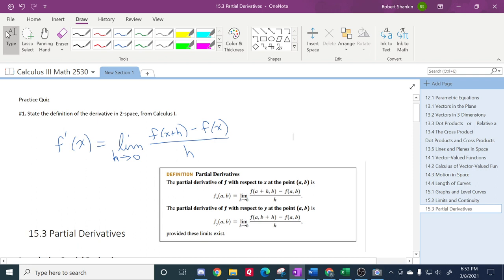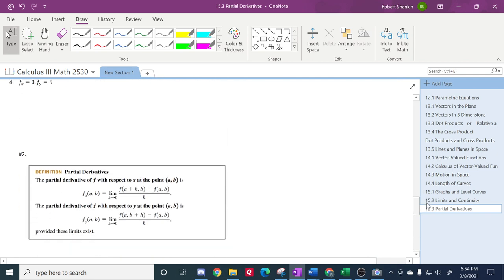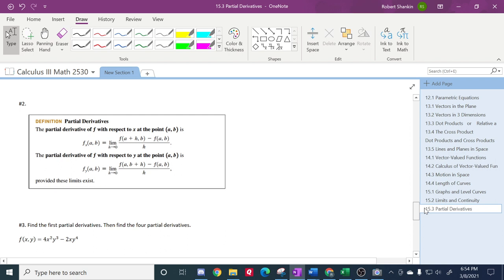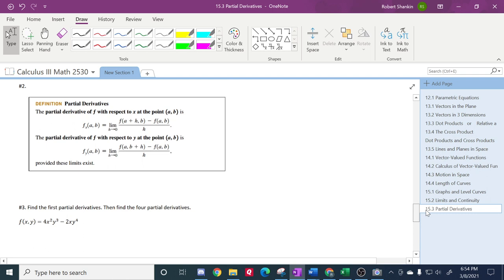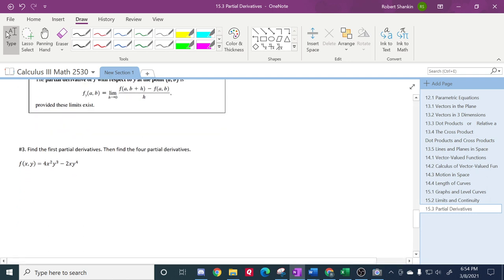So we kept the definition as similar as we could, but we had to go one at a time and hold the other one constant. Now when you compute partial derivatives, it's really interesting how you've got to do it. Find the first partial derivatives. We're going to find fx.